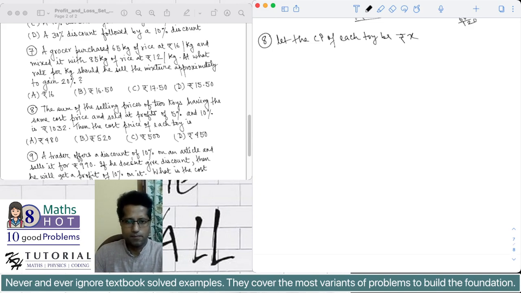The sum of the selling prices of two toys having the same cost price and sold at profits of 5% and 10%.